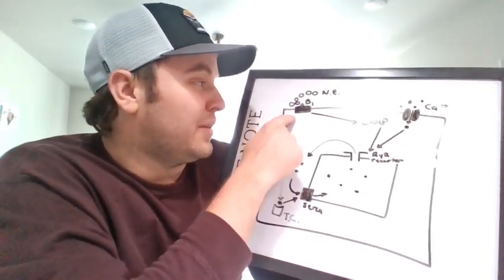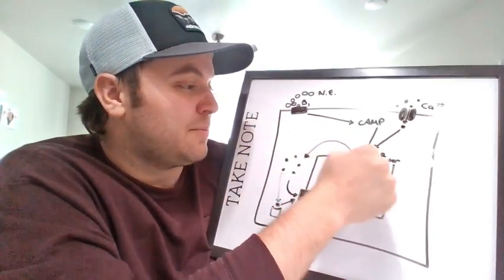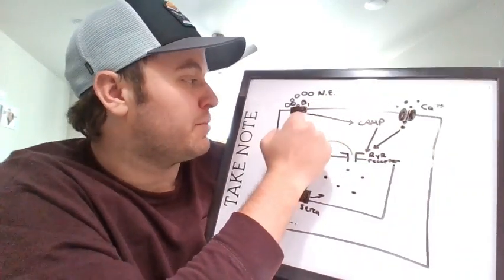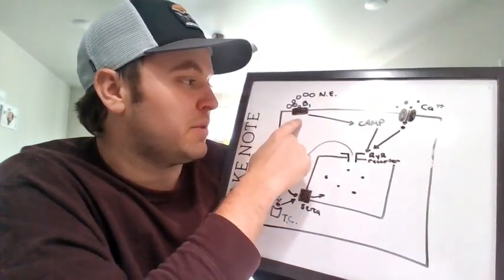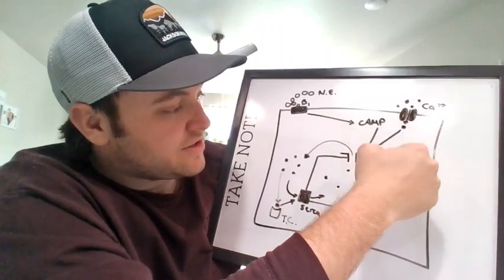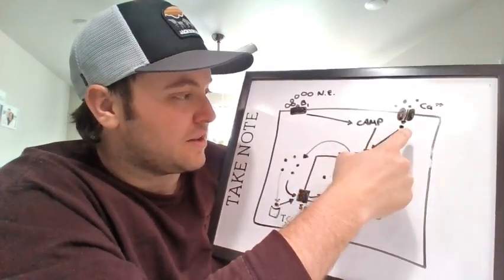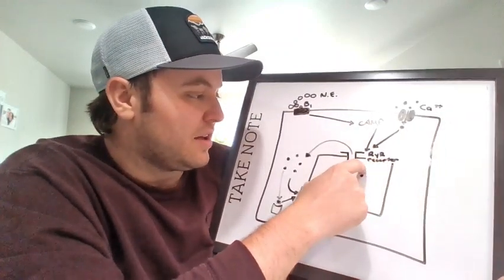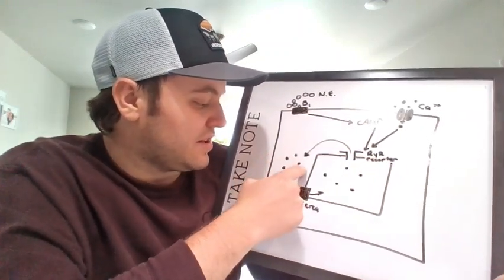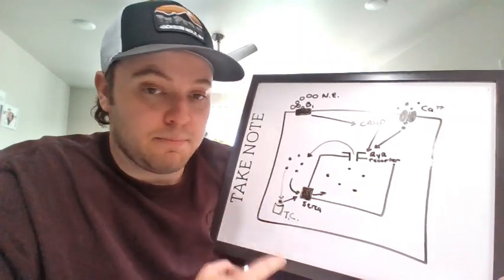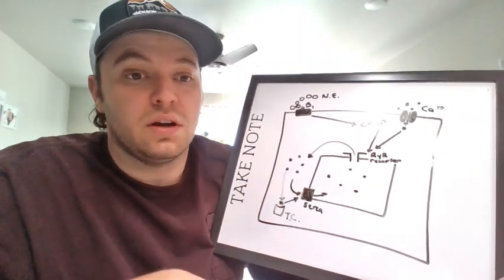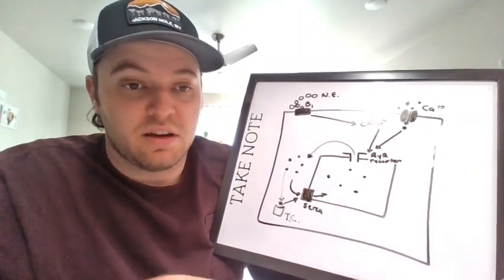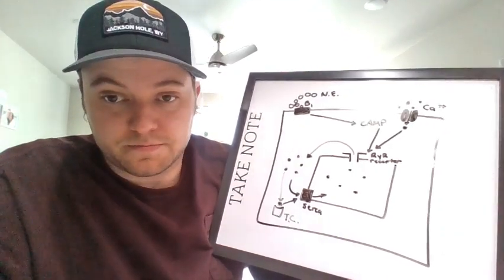And then we have an increase in cAMP, which helps when norepinephrine binds to the beta 1 receptors, and this calcium being introduced into the cell induces calcium to be released. That calcium then binds to troponin C, triggering contraction.